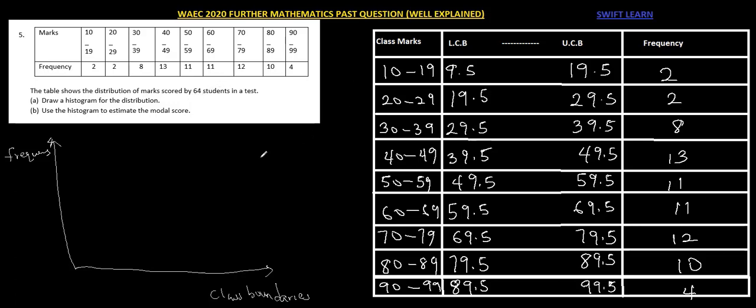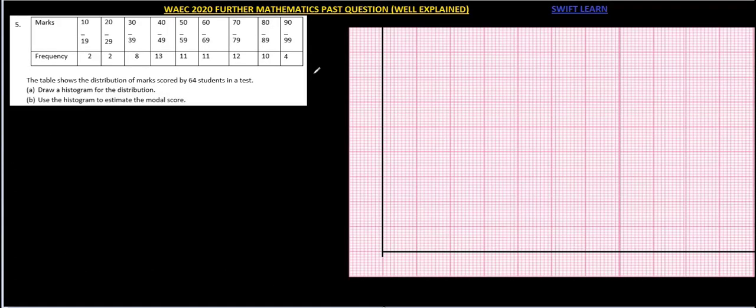So now this is how we should draw a histogram. First thing, these are the table, so the next step is to draw a histogram. Alright, here we will be drawing our graph for the histogram. The vertical axis should be the frequency, while the horizontal axis will be the class boundaries.